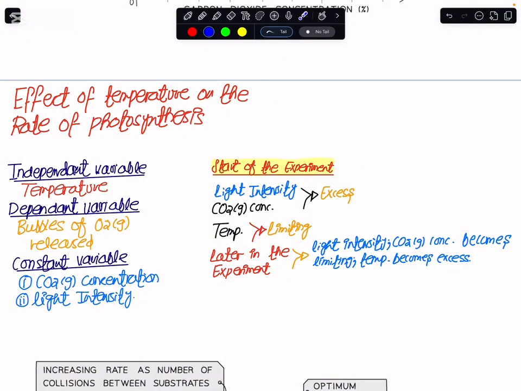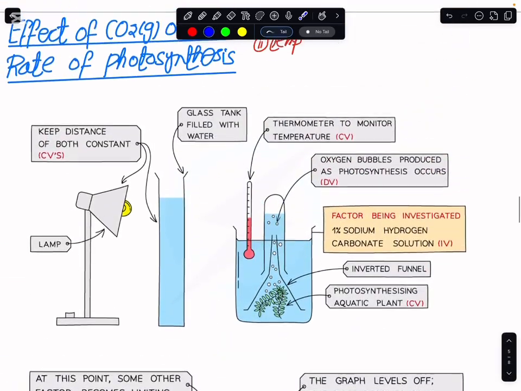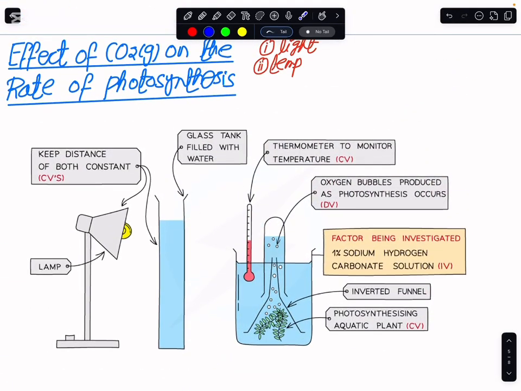So they would act as my constant variables. How we set up this experiment would be the same as before, but here I would bring in a thermostatically controlled water bath, and every time we repeat this investigation, we would increase the temperature.